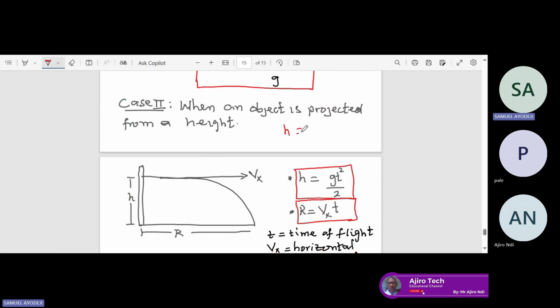You are given a height of 20 meters. You are given this Vx as 5 meters per second. So this question is asking me to calculate range.